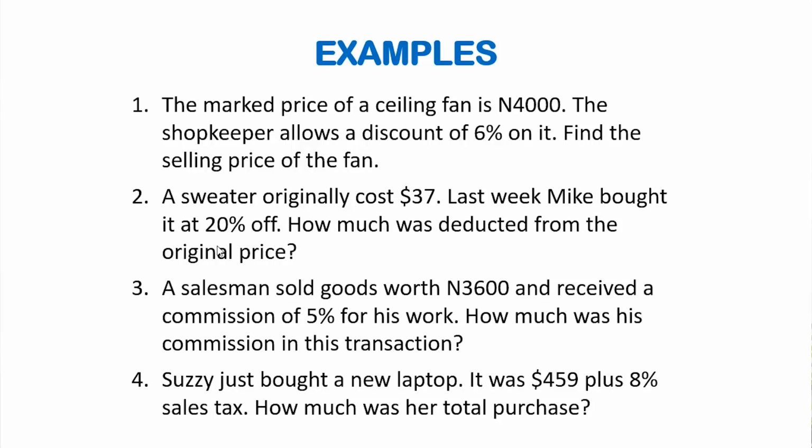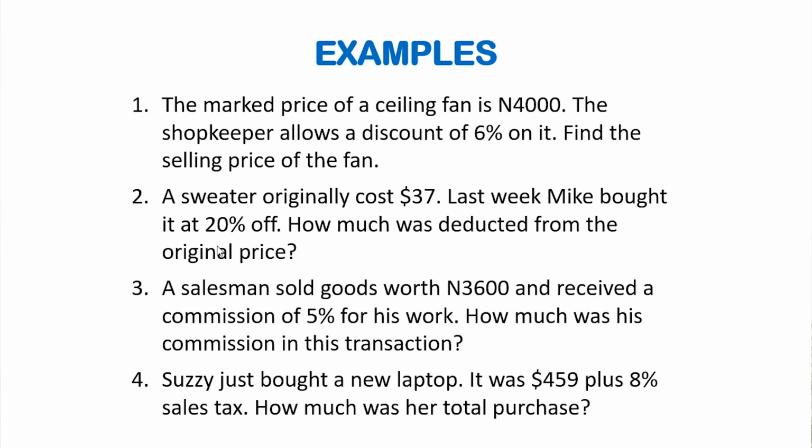Now the question is, how much was his commission in this transaction? This man sold goods worth 3,600 naira, and they have told him that whatever he sells, he will receive a commission of 5% from what he sold. Is that okay? So his commission will be this.